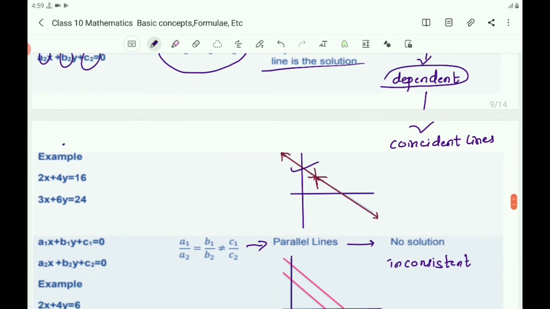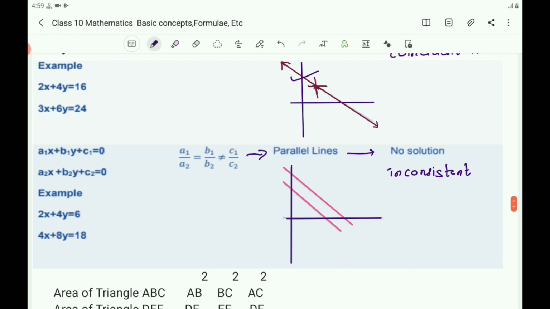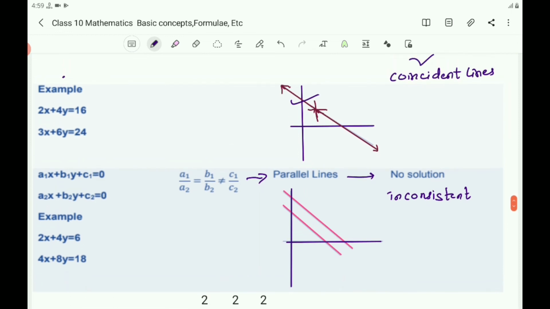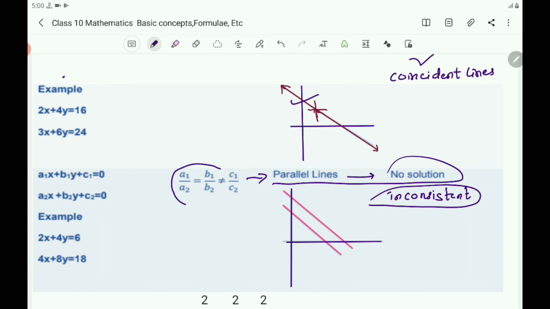Then next one, the parallel lines. Parallel lines means no solution. They are inconsistent. Here what you will get? You will get a1 by a2 equals b1 by b2, but not equals to c1 by c2.